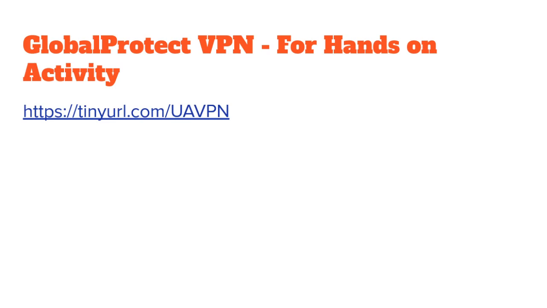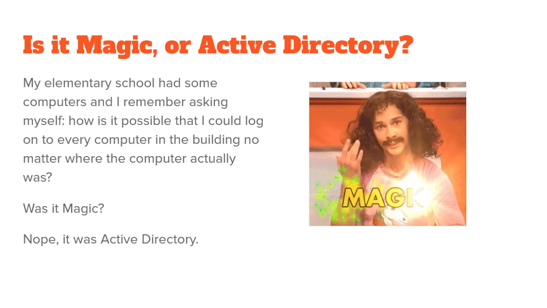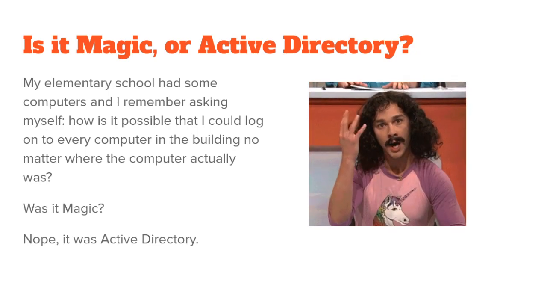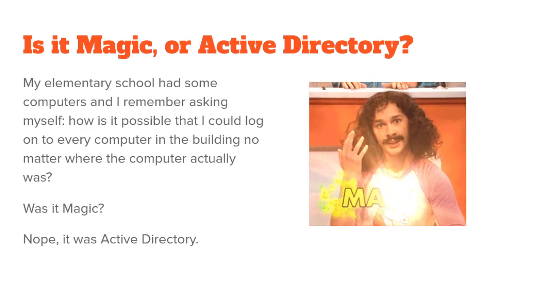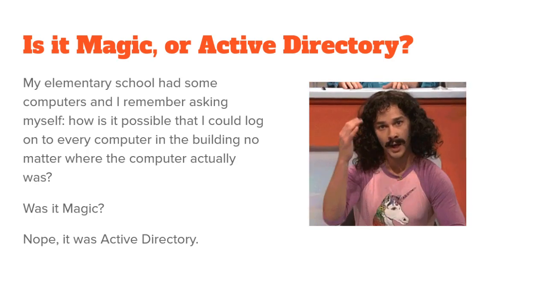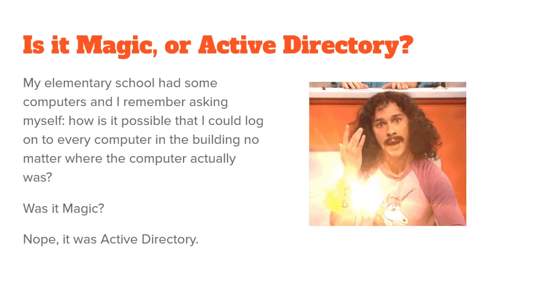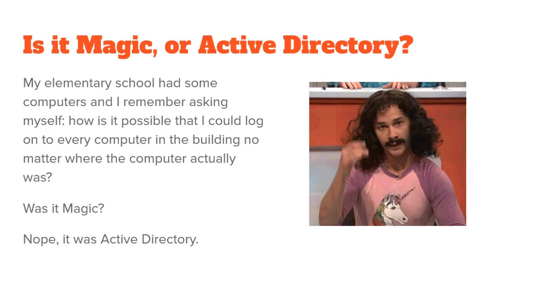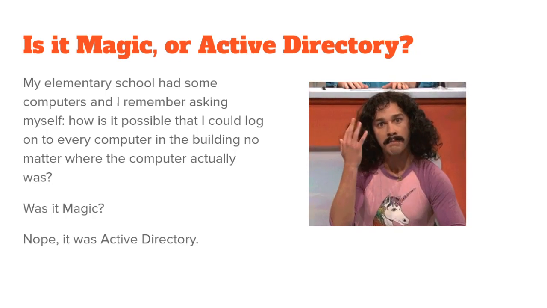So here we go. Firstly, a little anecdote. I remember in elementary school, I had one computer in every class. It was like a little computer, so students could learn how to type or learn basic computer skills. And then there were always a few computers in the library.